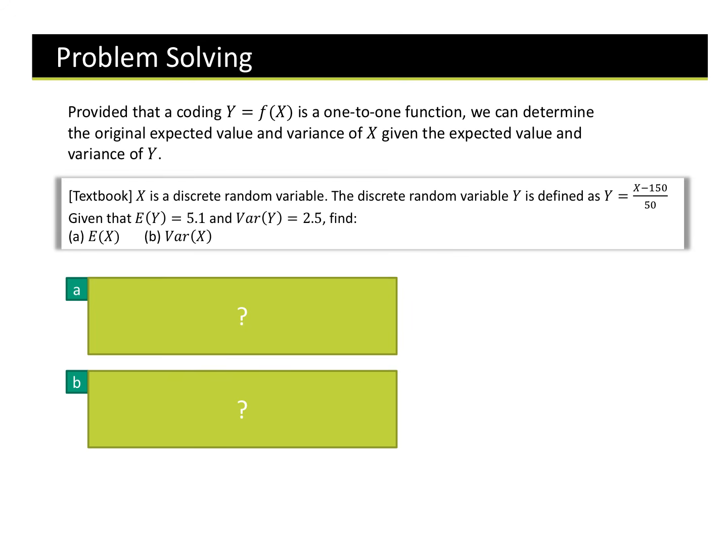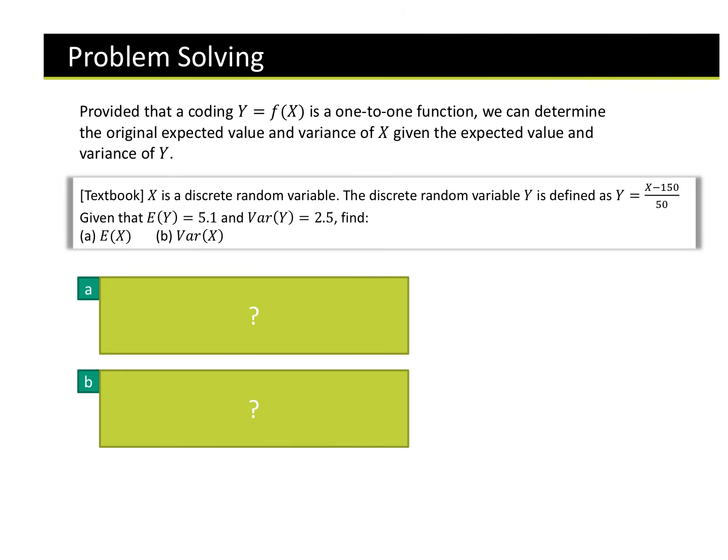Well, this is really simple because we know to find the expected value of x, we're going to have E of x minus 150 over 50. E of y is going to equal E of x minus 150 over 50.